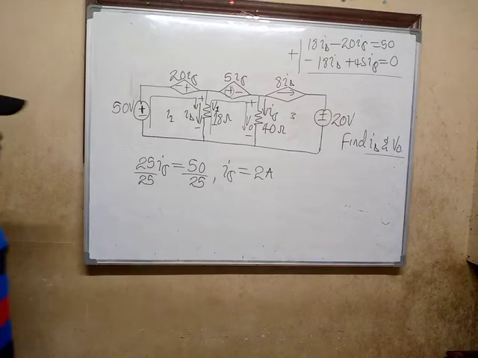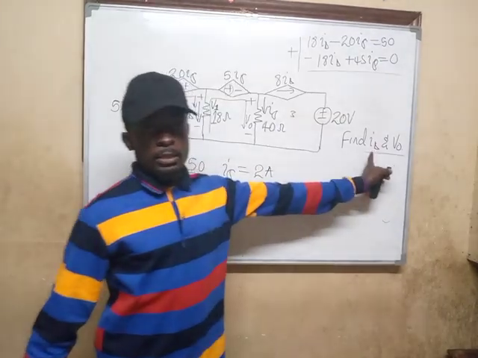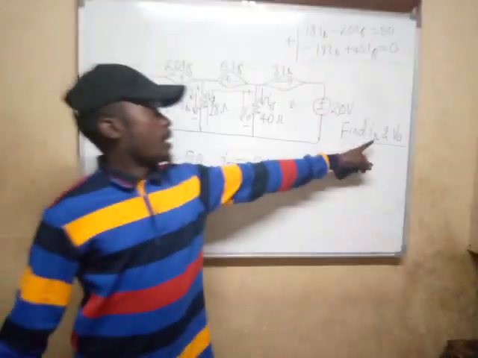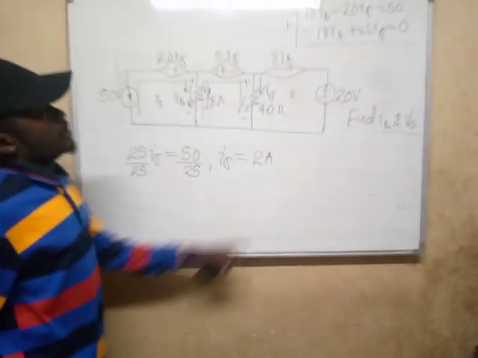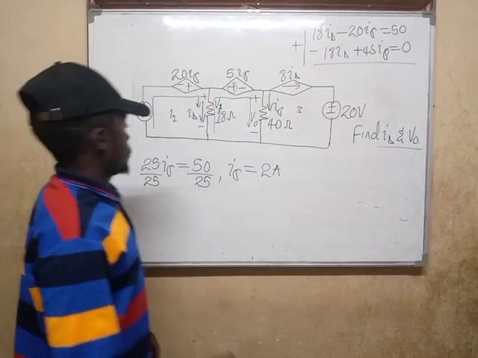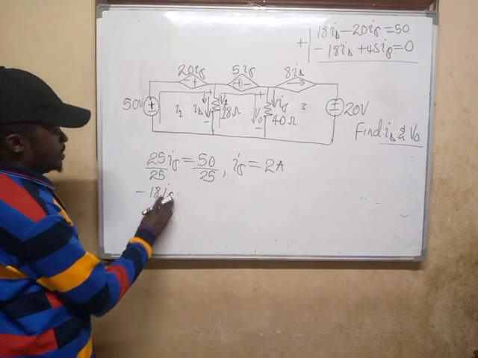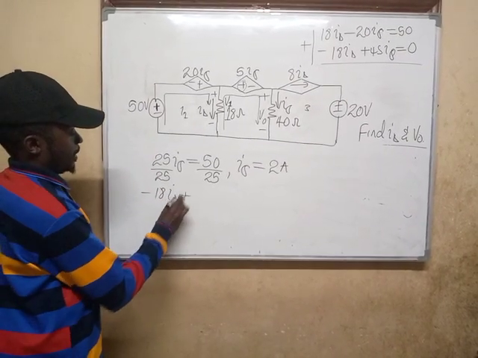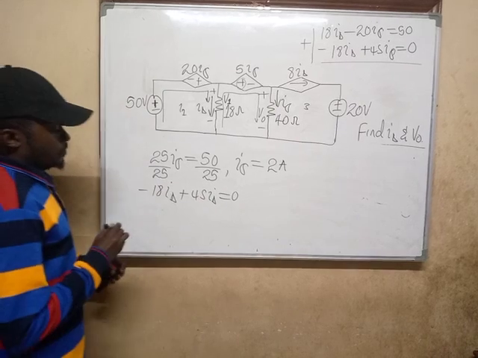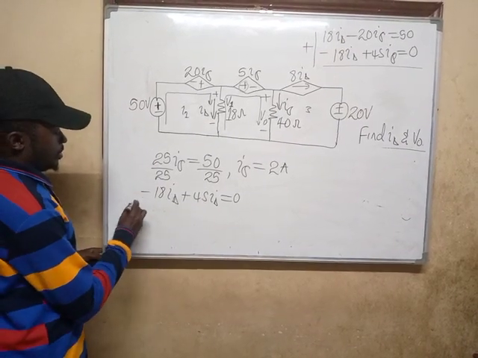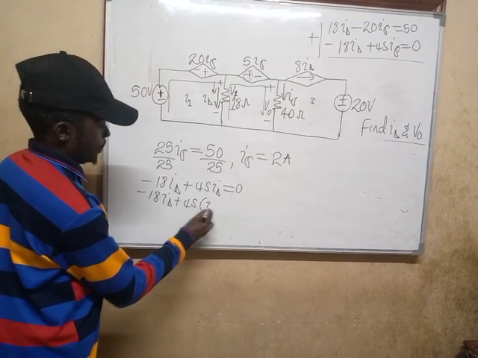But what we are looking for is I delta. So we have an equation connecting I delta and I sigma, and we can get one from these two. I know that 18 I delta plus 45 I sigma is equal to 0. So I am just replacing I sigma with 2.